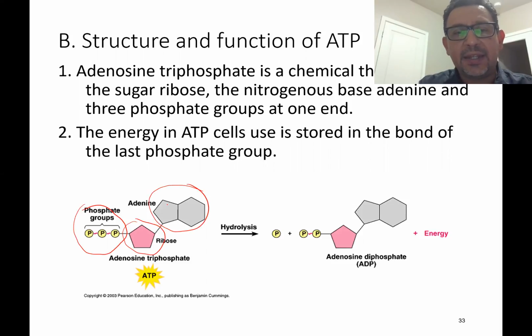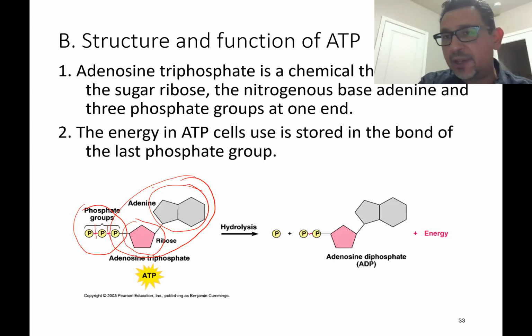And this adenine is something we've seen before when we talked about DNA and RNA, which also happen to be nucleic acids. In fact, if we were going to remove the last 2 phosphates from this molecule, and all we were left with was 1 phosphate, ribose, and adenine, this would look like one of the nucleotides for RNA.